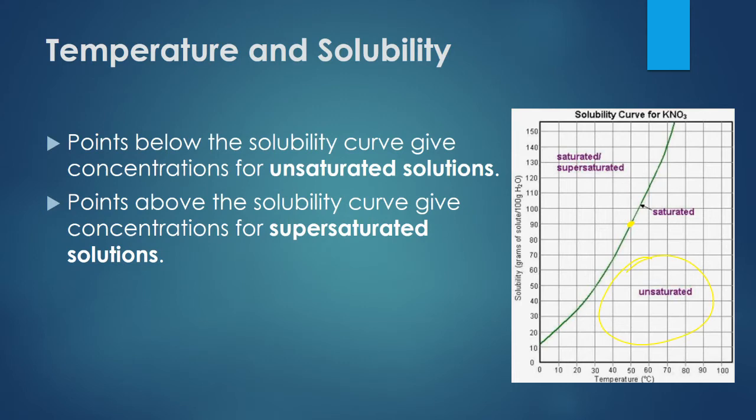So anything less than 90 grams at 50 degrees can still be dissolved. Any point higher, the only way to reach that is to do a supersaturated solution. So you have to, again, go to a higher temperature to add more and then lower the temperature, and then you're at a point where you have a supersaturated solution.